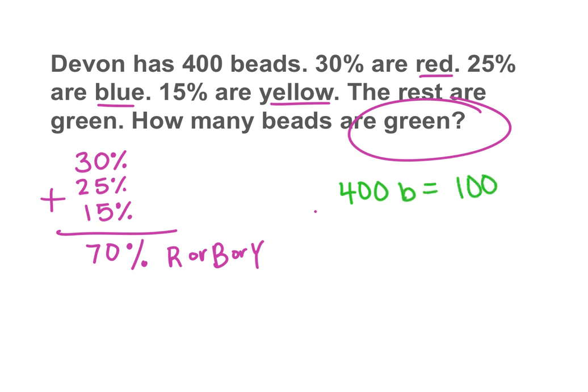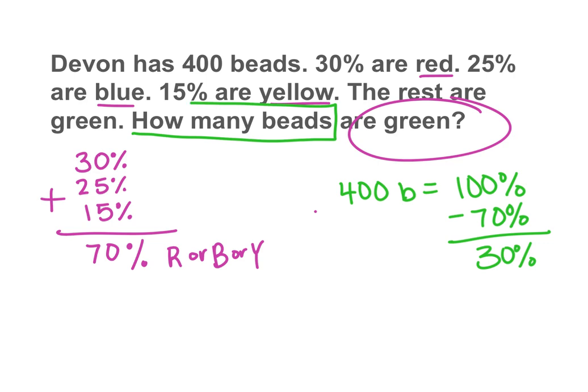That's 100% of Devon's beads, right? All 400. So we need to take away the red, blue, and yellow beads. So 30% of his beads are green, but they didn't ask for what percent. They want to know exactly how many beads that is.